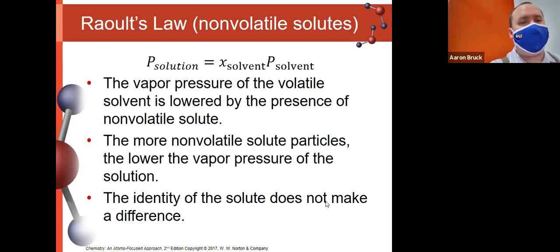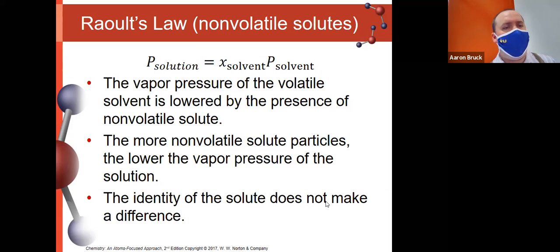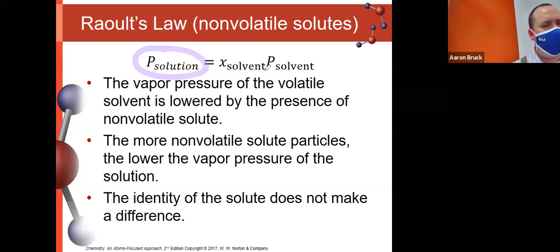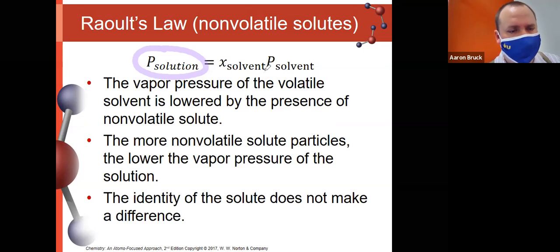From a quantitative standpoint, we bring in something here known as Raoult's law. Raoult's law tells us that the vapor pressure of the solution is directly proportional to two things.